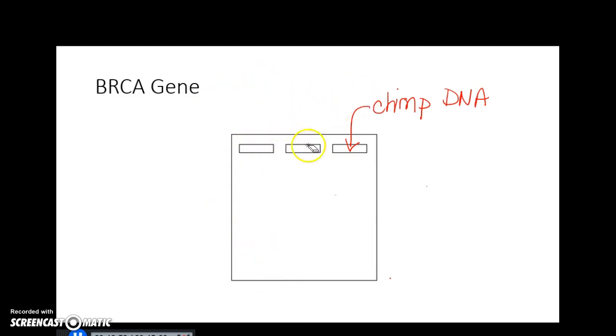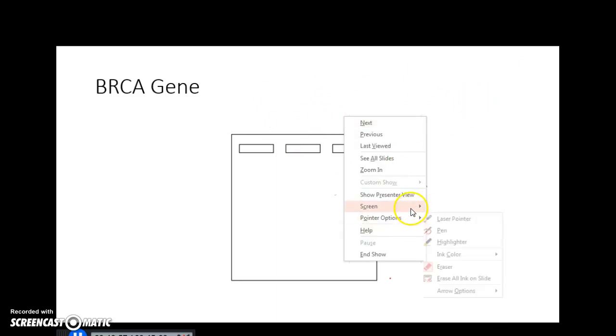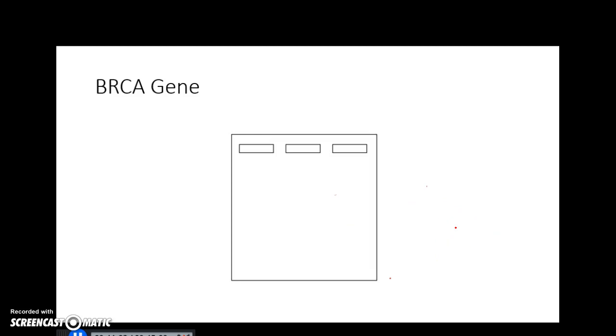So in terms of a crime scene, we would take the DNA from the crime scene, DNA from the suspects, okay, and we would run it through, and we would add restriction enzymes to the DNA that comes out.